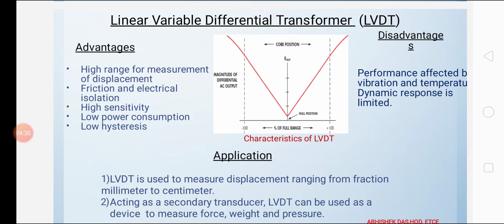Number 2, friction and electrical isolation. It has many useful features so that it can be used in many applications. Number 3, high input and high sensitivity. Number 4, it has low hysteresis. And number 5, it has low power consumption.